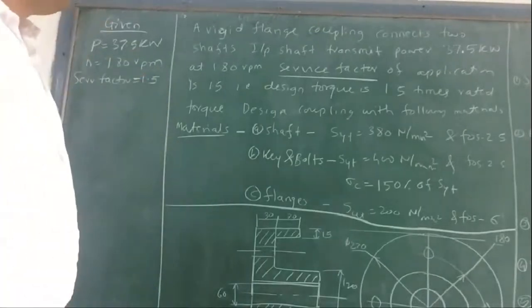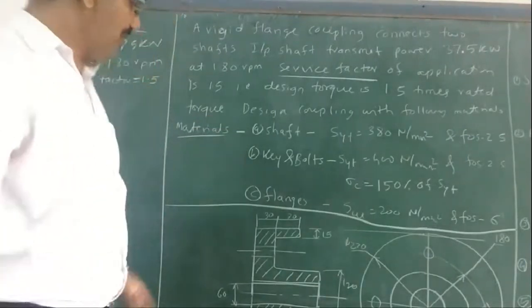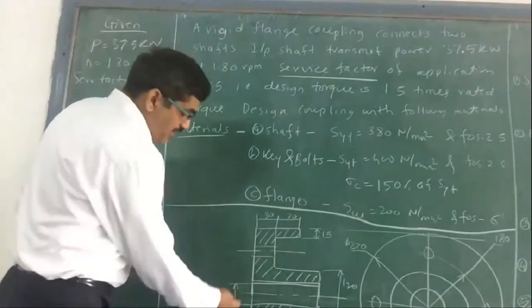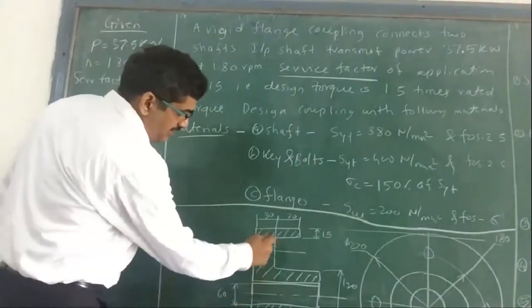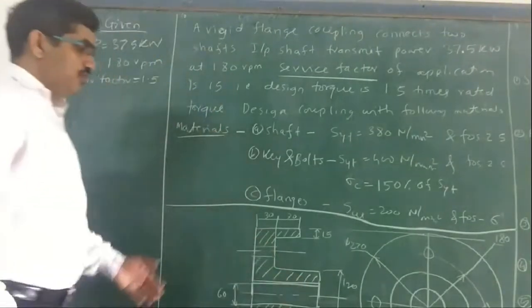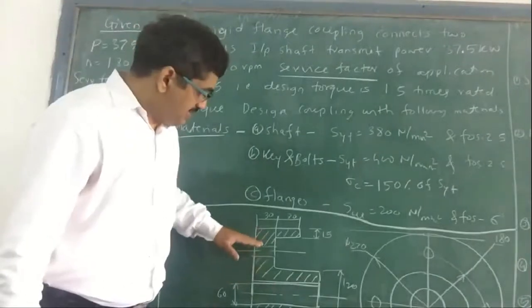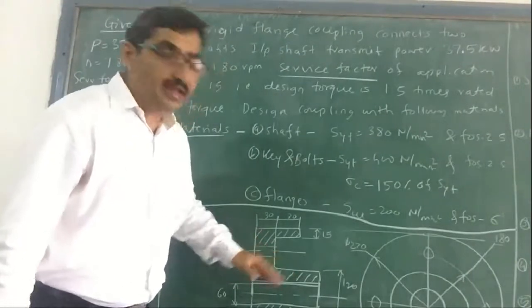Okay. Now we have to do the design of the coupling for different materials. What are the different parts? Shaft, then there is a flange, and then there are bolts, and there will be keys. So these will be four different parts: shaft, coupling, nuts and bolts, and keys.